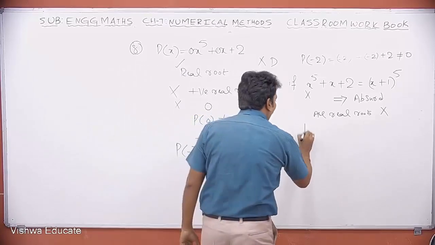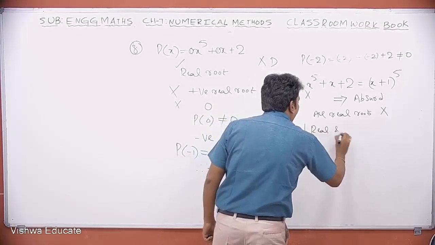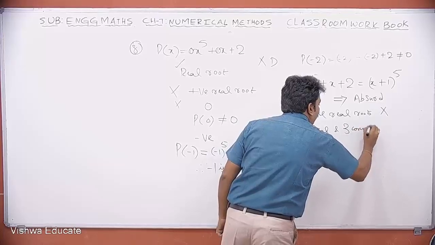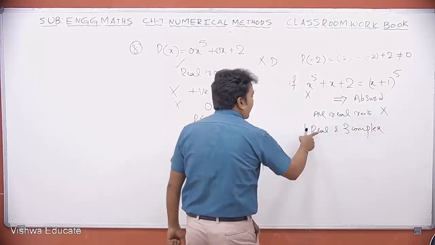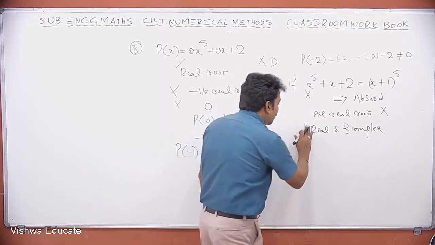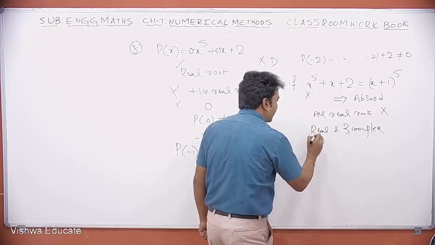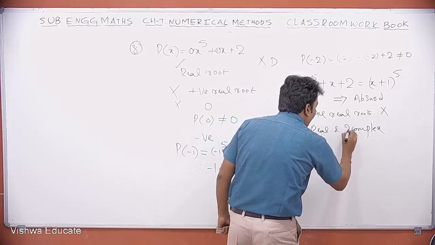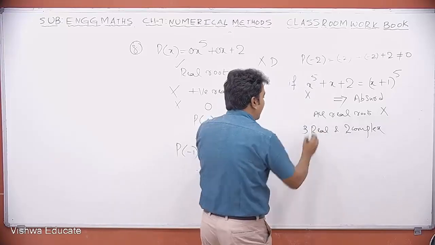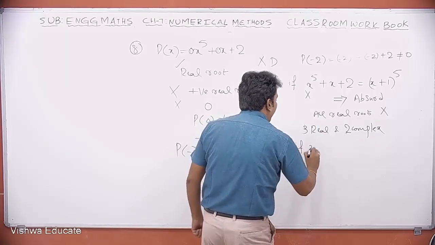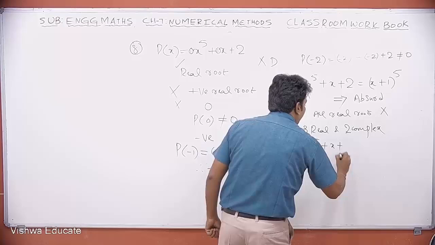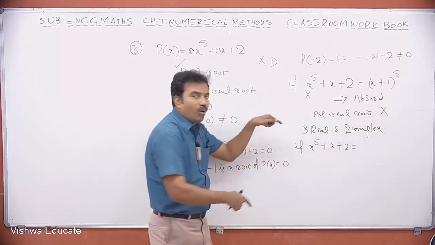Let us try for 1 real and 3 complex roots. I mean, this is 2 real and 3 complex roots, but it is given as 3 real and 2 complex roots. So therefore, this is 3 real and 2 complex roots. That is, the real root is only minus 1.